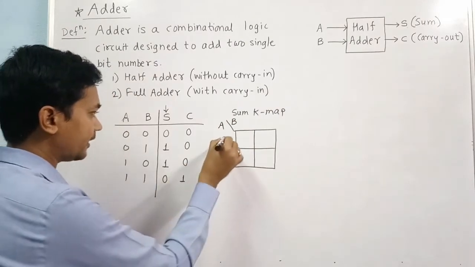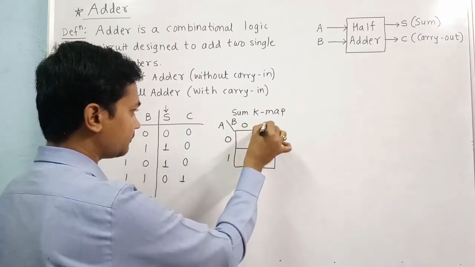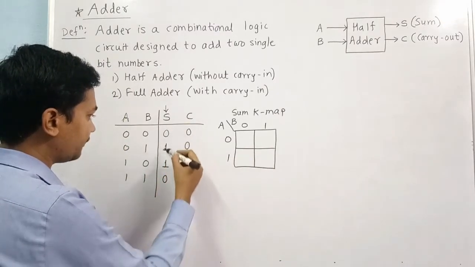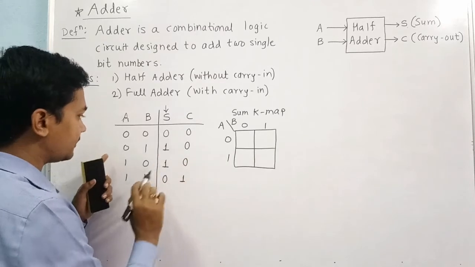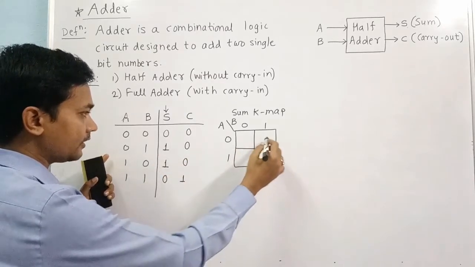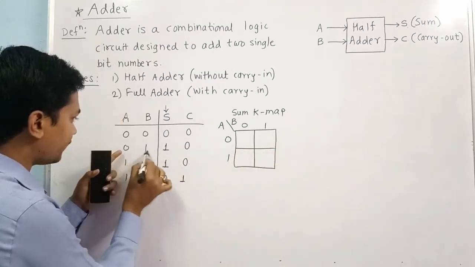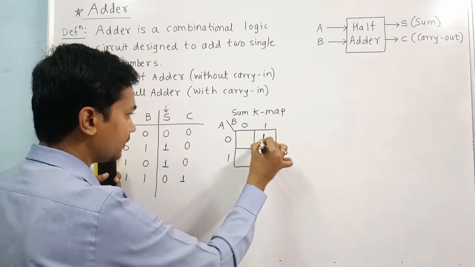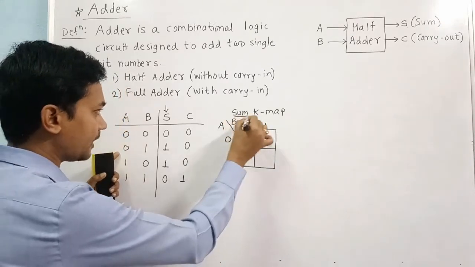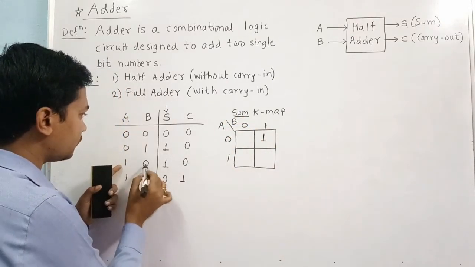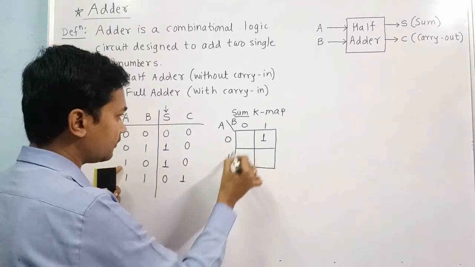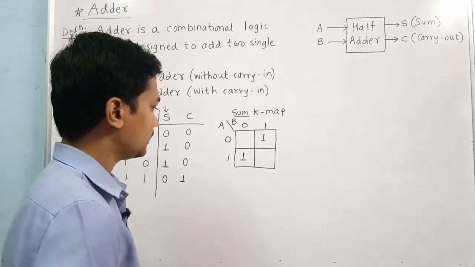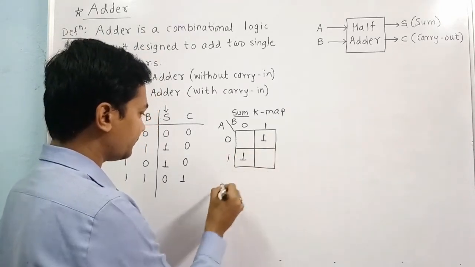Write the possible combinations of 0 and 1. Now for the combinations where the sum is 1, only those combinations we consider for filling in the ones. For the 0 1 combination the sum is 1, so for 0 1 we have 1. Then for the 1 0 combination also we have 1, so here we should write 1. Now we will obtain the expression for the sum.